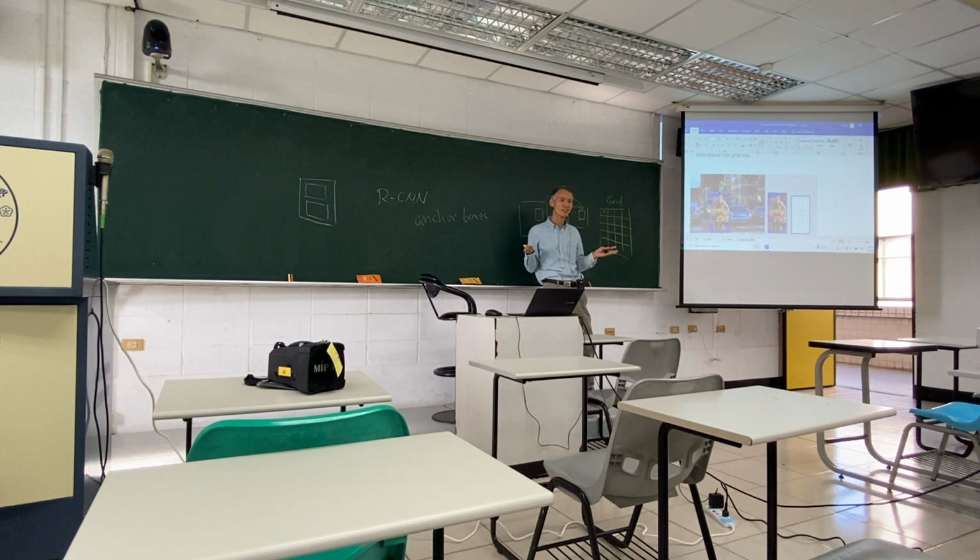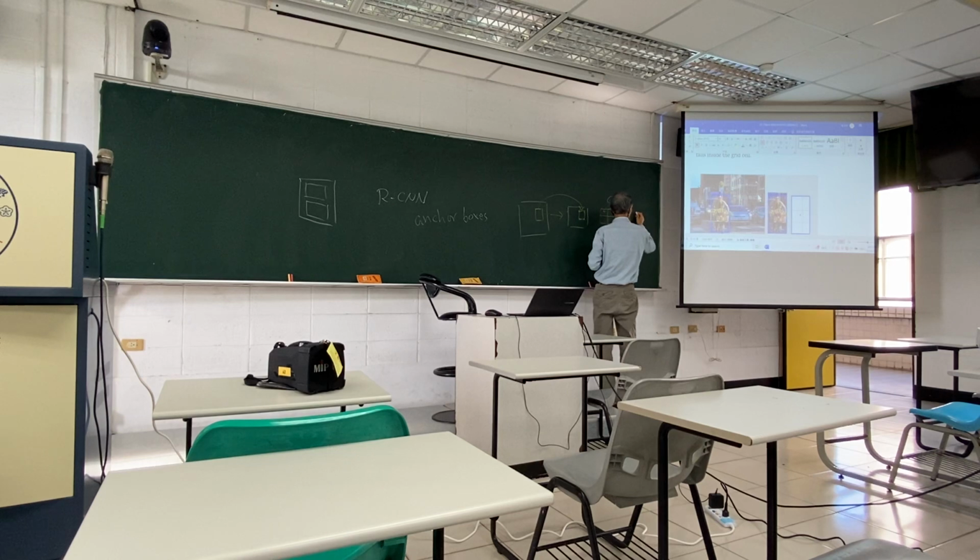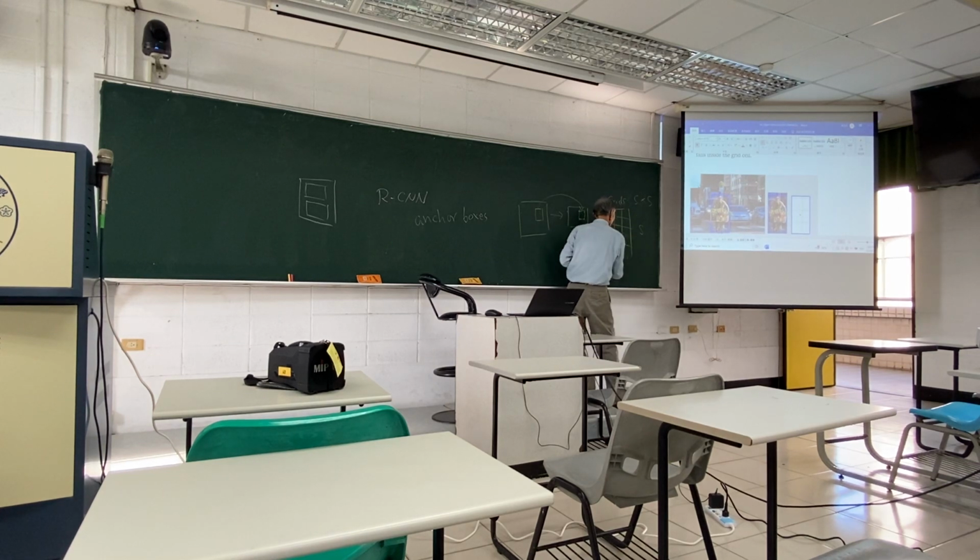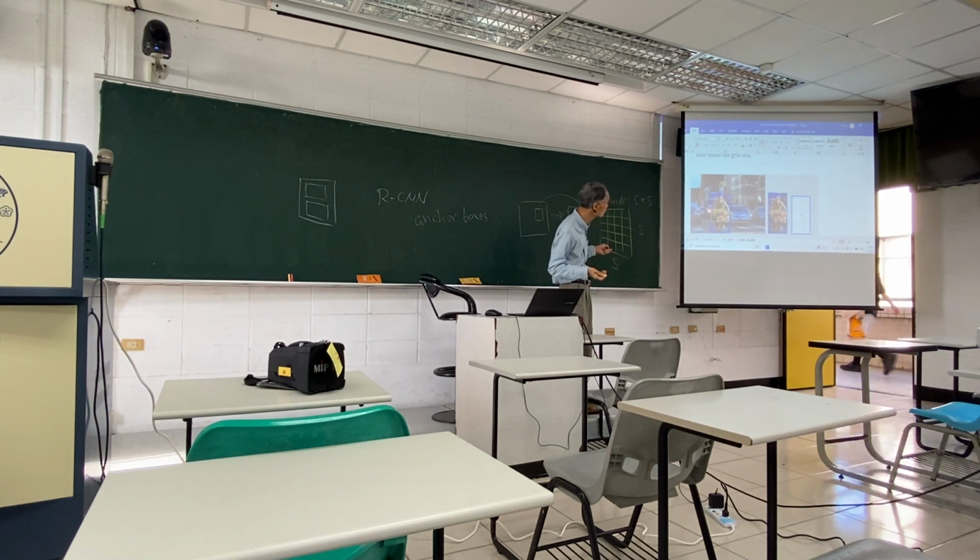Now, the accuracy will depend on how many grids, right? It is X by X, so we have X horizontally and X vertically. That's how we define it. And for this case, this is the grid, this yellow frame here.